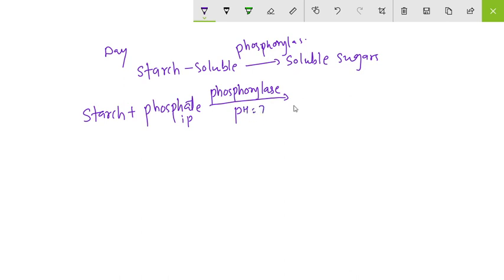It converts into glucose 1 phosphate. This glucose 1 phosphate which is produced here is not osmotically active, so we can say that it is osmotically inactive.